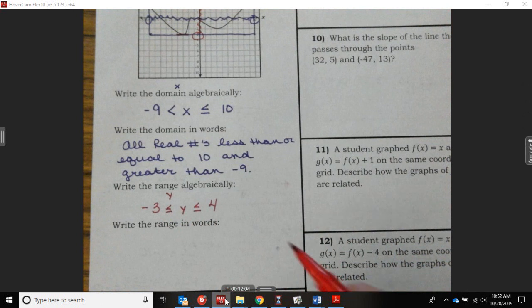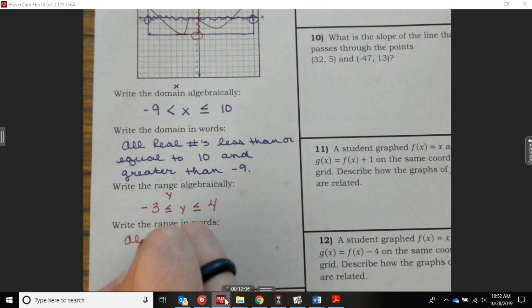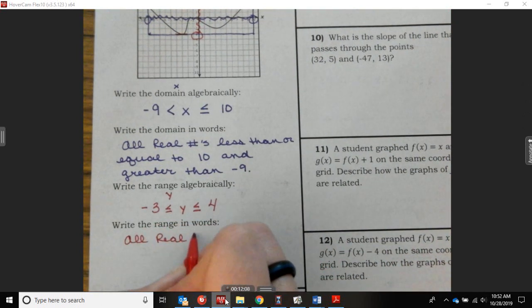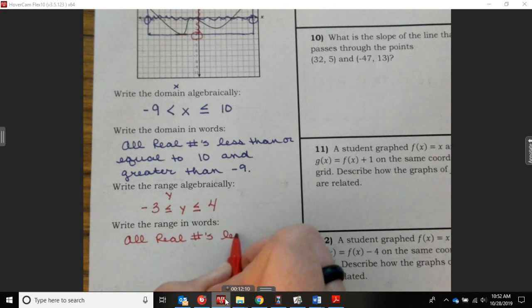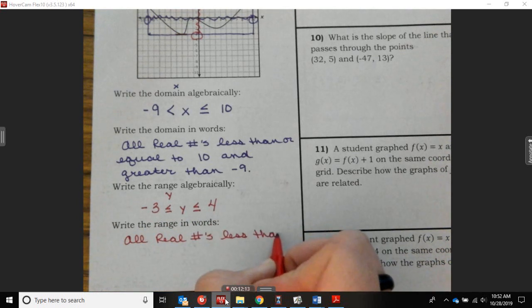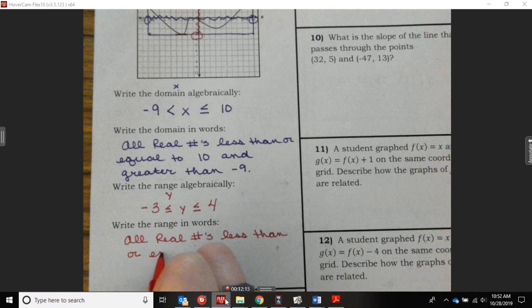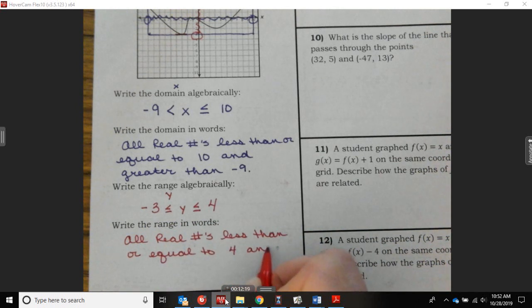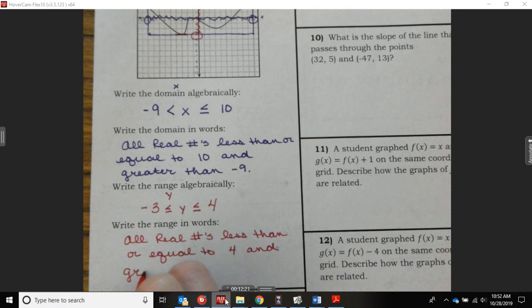So when I describe this one in words, I would say all real numbers less than or equal to 4 and greater than or equal to -3.